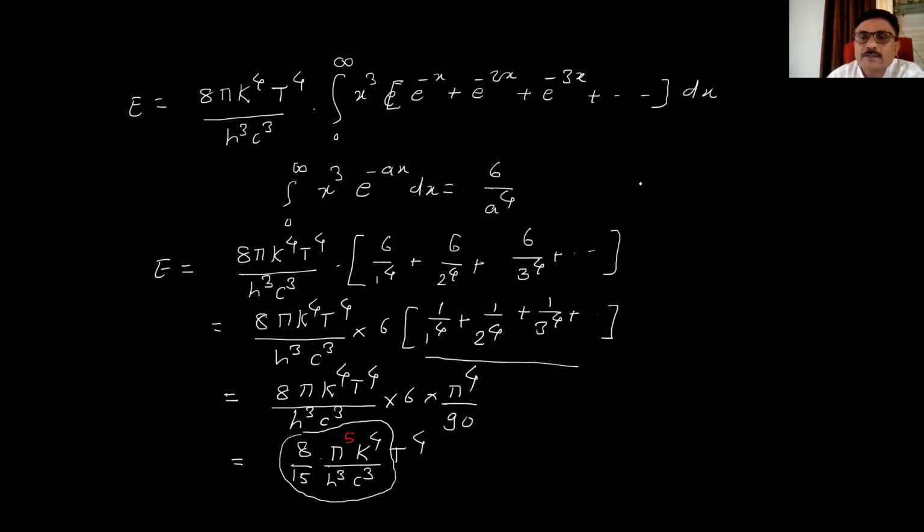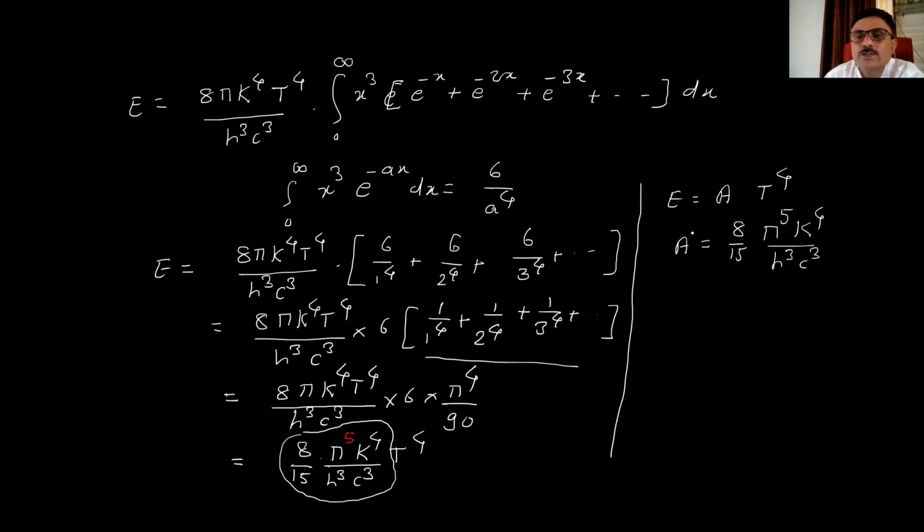I will write E is equal to A into T raised to 4, where that constant A is equal to 8 divided by 15 into pi raised to 5 k raised to 4 divided by h cube c cube.